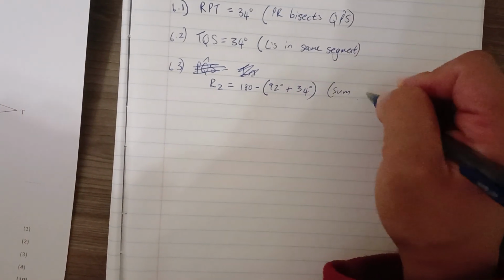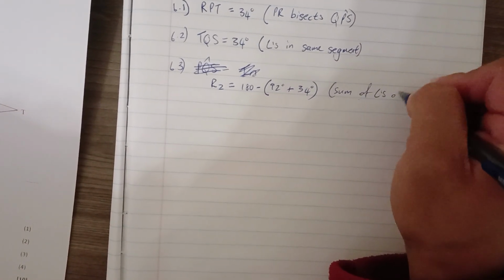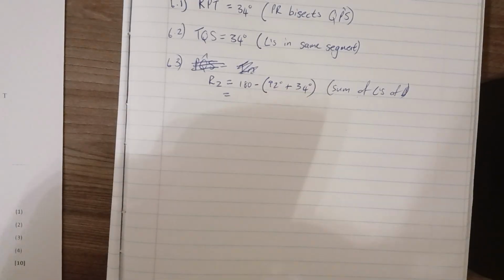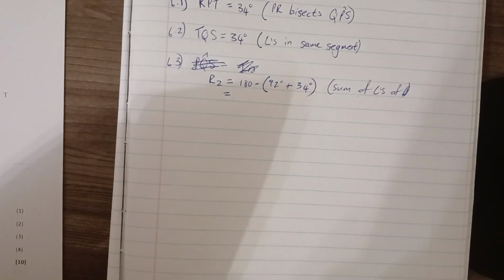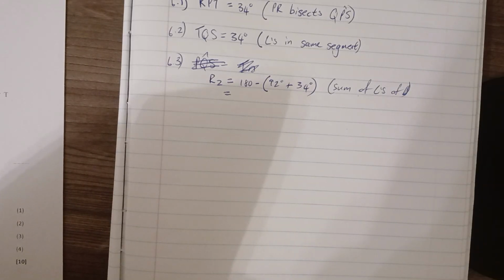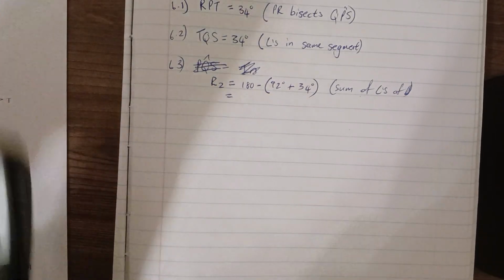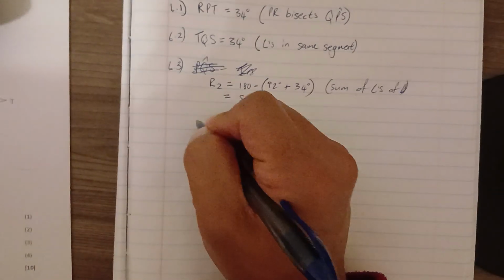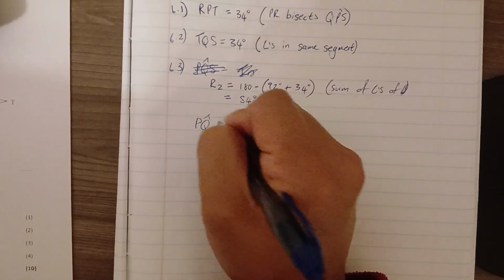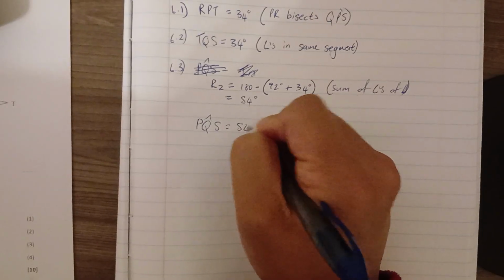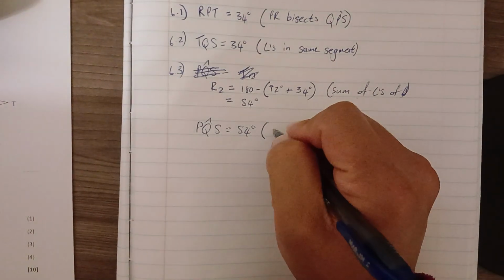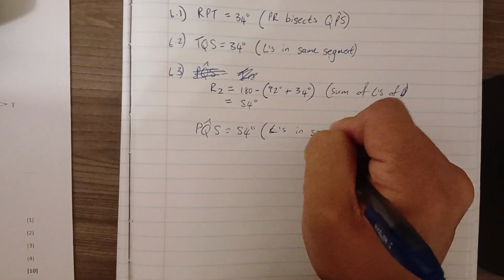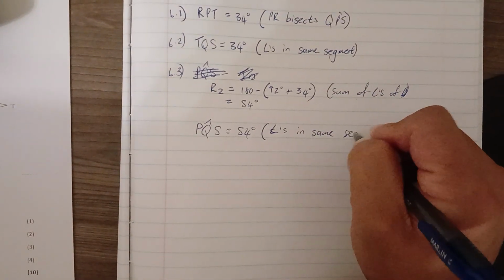Sum of angles of a triangle. So that's going to be 54 degrees. And then PQS is also 54 degrees because of angles in same segment.